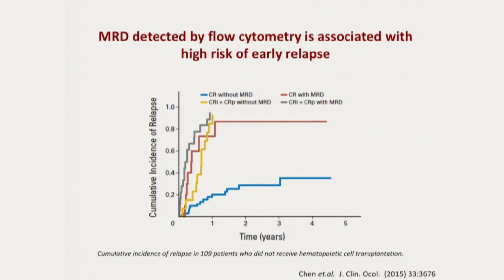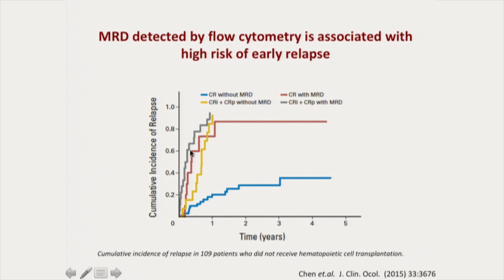So this, I think, is the best data ever published to demonstrate the importance of MRD. This is the work by Dr. Chen. The work convincingly demonstrates that MRD detected by flow cytometry at the time of CR is associated with a very high risk of early relapse.